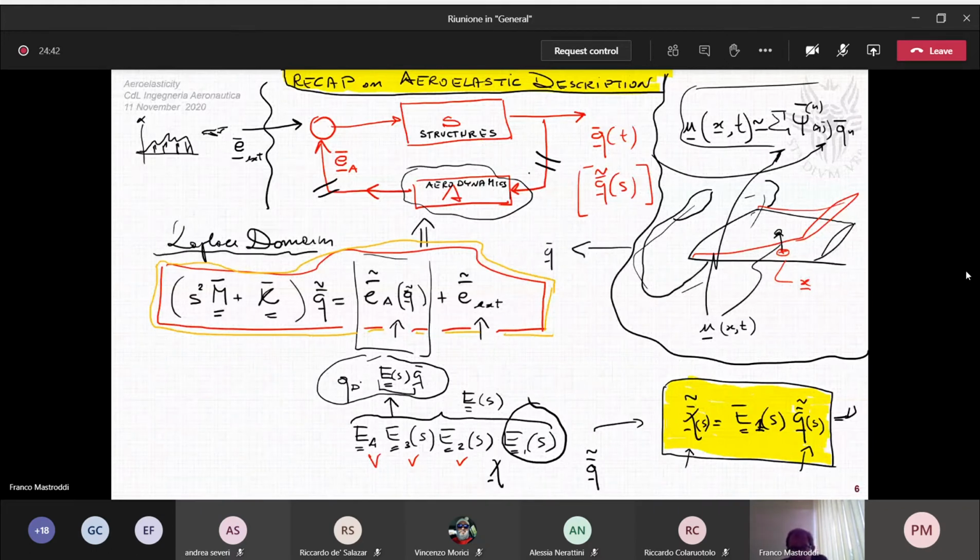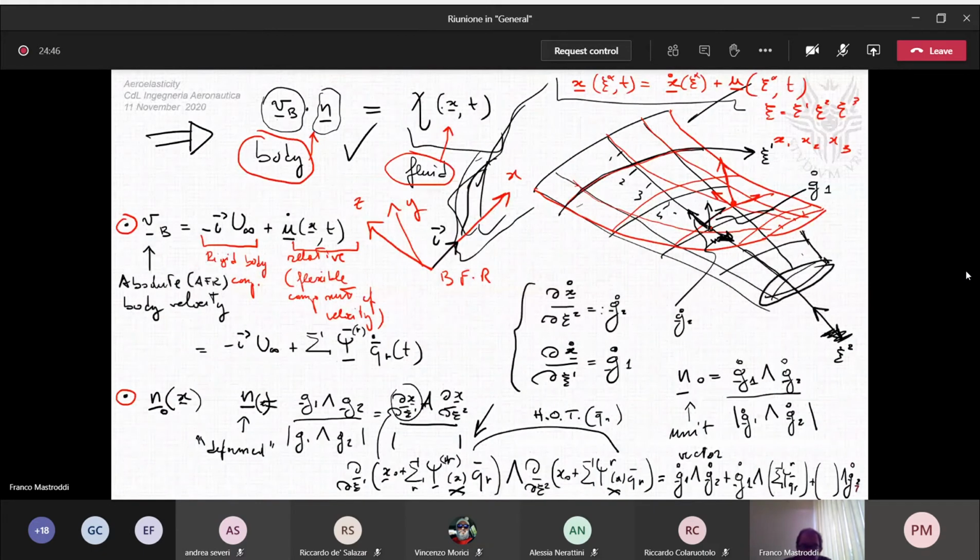Okay, so we are talking about this phase here, and so we have to represent the body displacement in the wall interface into a fluid displacement as well.